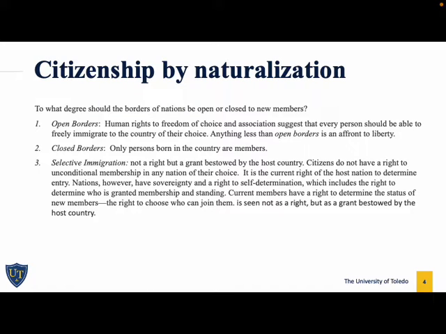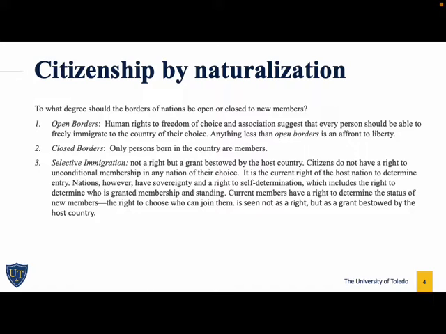A third option is selective immigration, and that's generally the stance of most nations, including our own, that we will welcome people to enter our country, and to be residents and then to be citizens if they meet certain qualifications.